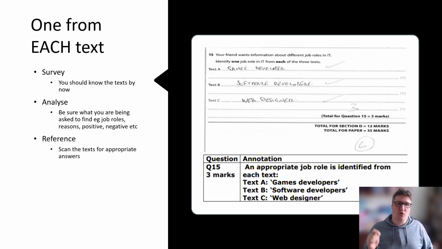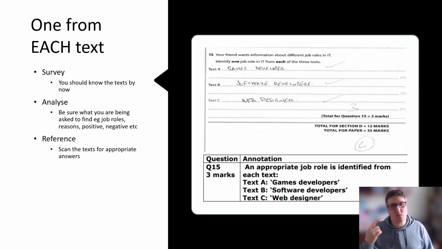Scan the text for appropriate answers, which means if you're being asked for job roles, that's easy. You scan the text for job roles. If you're being asked for reasons, you scan the text for reasons. If you're being asked for positive points, you scan the texts for positive points.